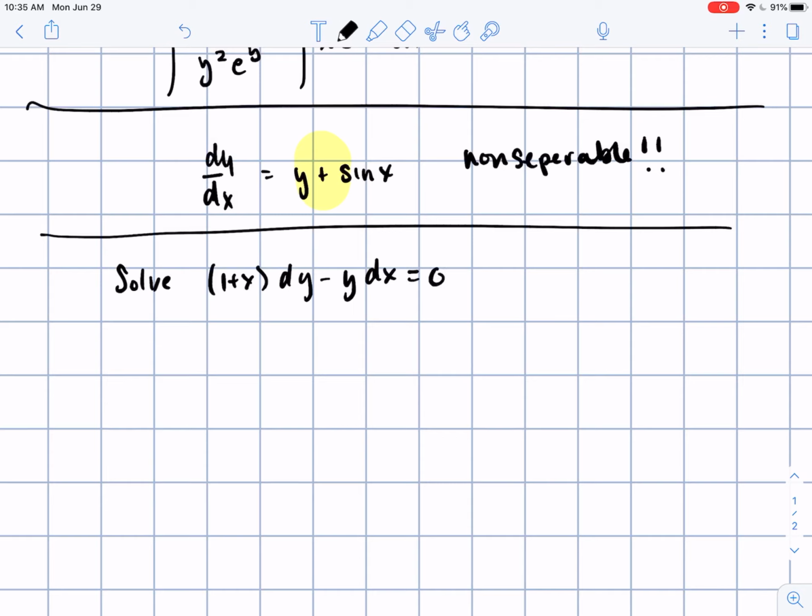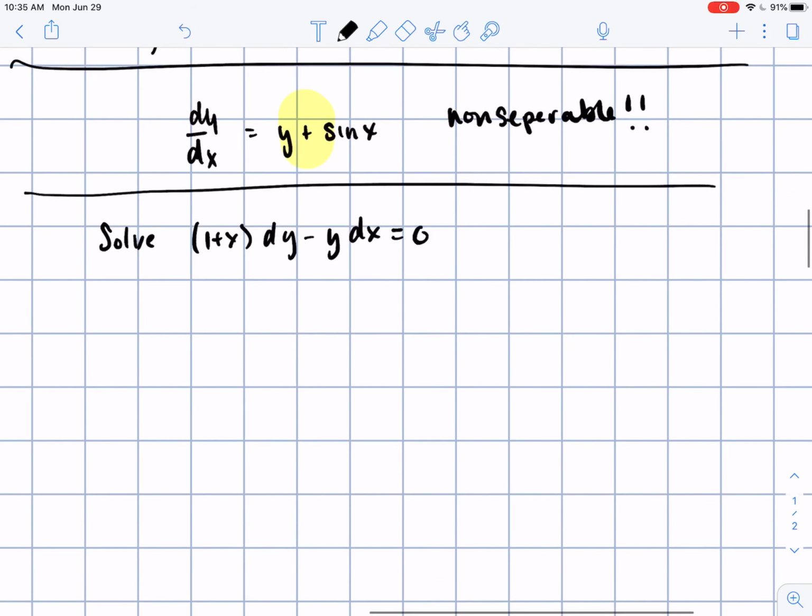We want to be able to separate and integrate, or check to see if we can separate. Let's divide everything, because we want to get it to look like dy over dx, a function of x times a function of y, or get it to look something like this.